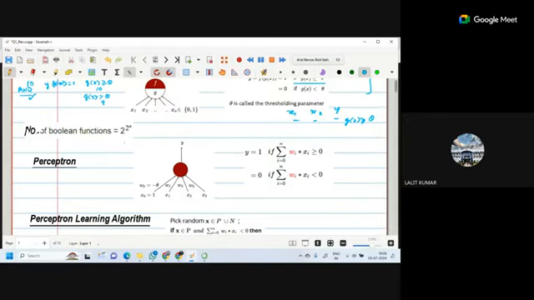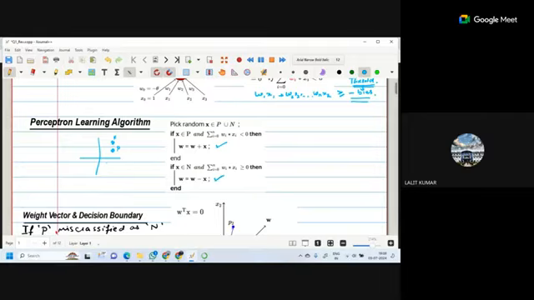So for the perceptron learning algorithm, if there is a point which is positive, but it has been identified as negative, then we update W is equal to W plus X. And in case it is a negative point and it has been identified as positive, then the update rule is W minus X. So this we have to remember. We will solve one question on this concept.